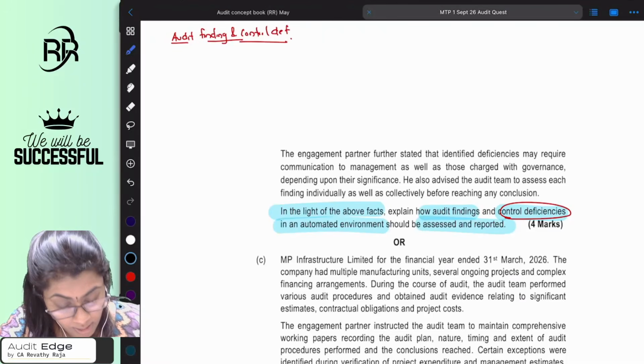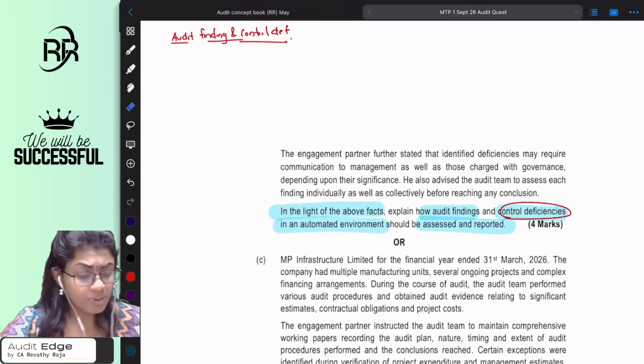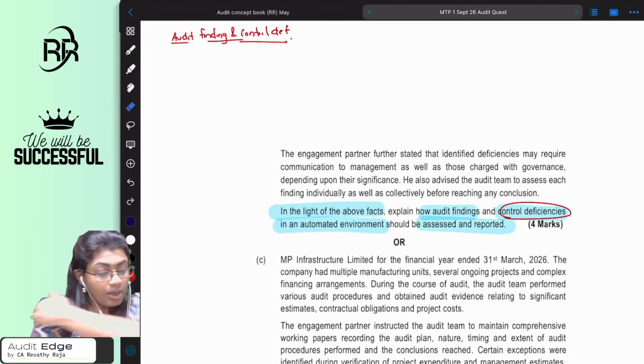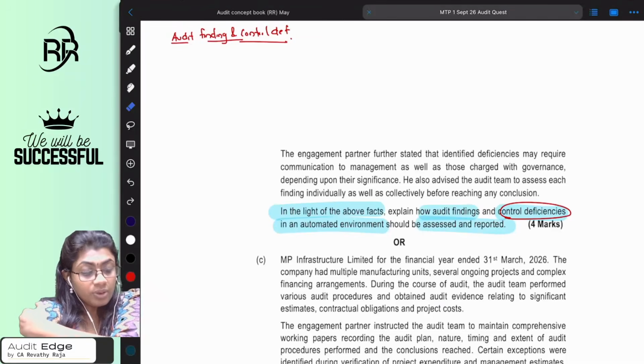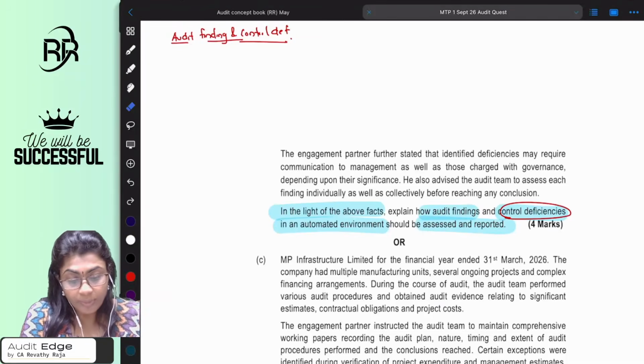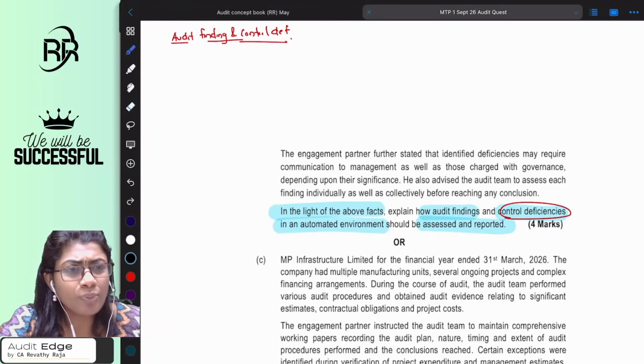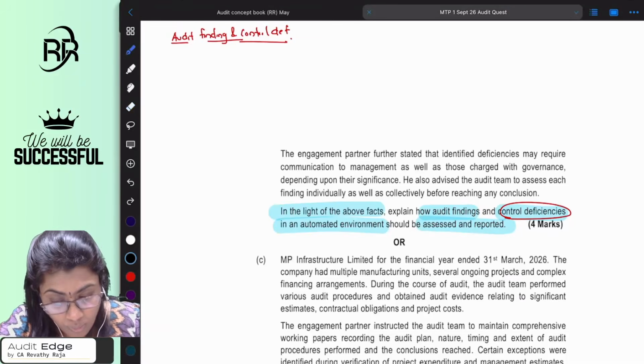Now start. They have asked how to report the audit finding regarding control deficiencies in the automated environment. So it's chapter number 5, automated environment and also internal control.